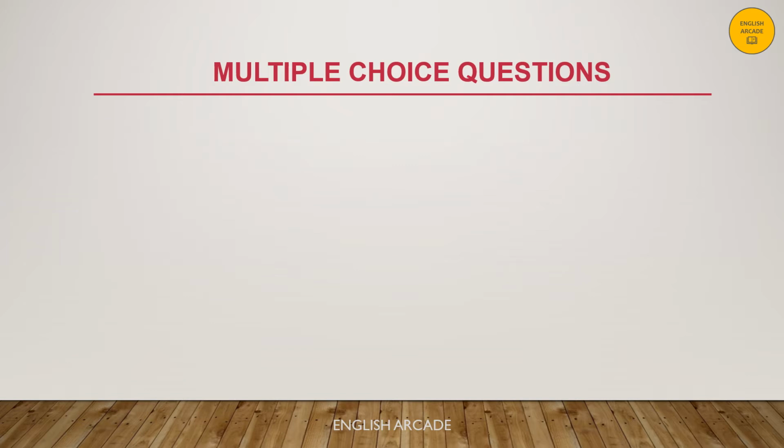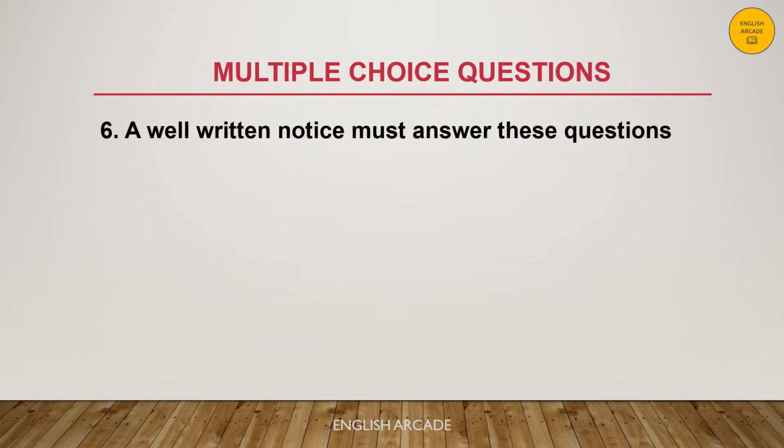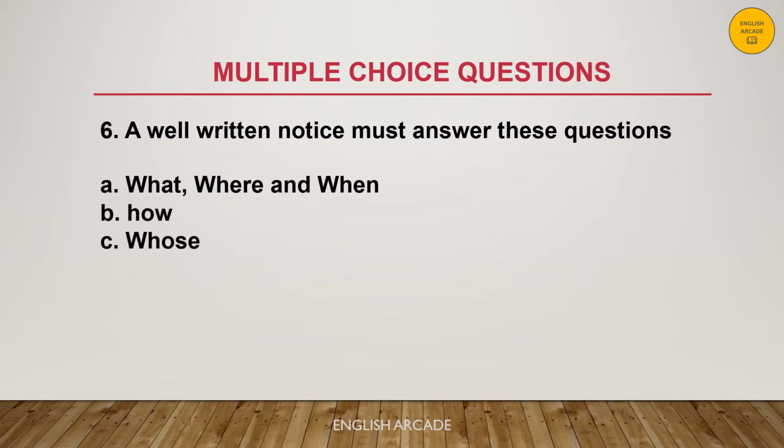Next question, question 6. A well-written notice must answer these questions. A. What, where, and when. B. How. C. Whose. D. Why. So if we've seen that video on notice writing, we would know that A, what, when, and where form very essential elements of a well-written notice.